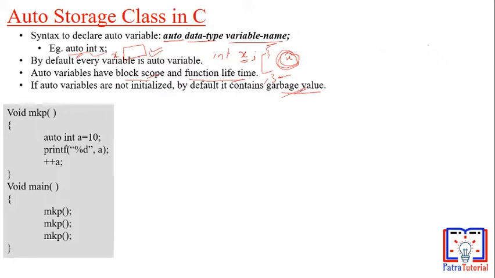Now look at this program. Can you guess what is the output of this program? This is my main function, and I am calling the same function mkp 3 times from the main function. In the first call the control will go from this line to here, then it will get inside the function mkp, then auto int a equal to 10, so it will allocate some memory for the variable a and store 10.